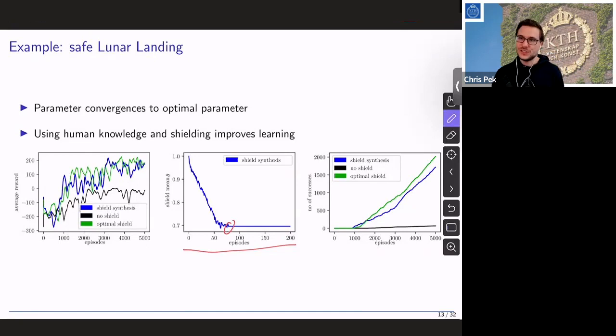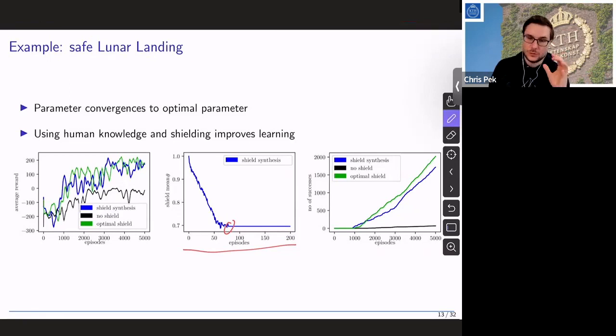So we can use the knowledge that the human has of how they would steer a system, how it feels, to give additional knowledge. We also tried to train the no shield version for much longer. You can learn the task, but you need many, many more episodes, whereas the shield synthesis and the optimal shield are very close.